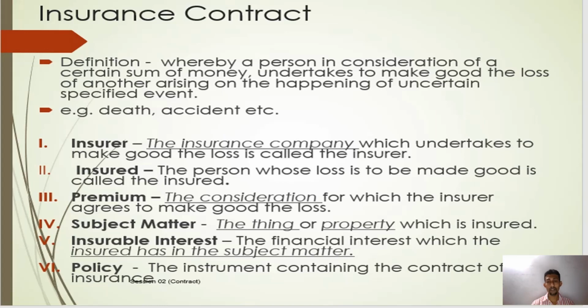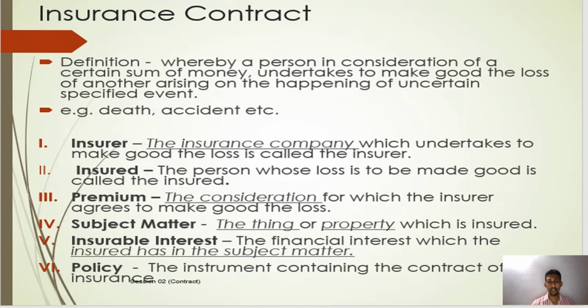It can sometimes be in terms of ownership. I can take an insurance policy for my spouse, or for a particular asset, where there should be a financial interest in that particular subject matter.